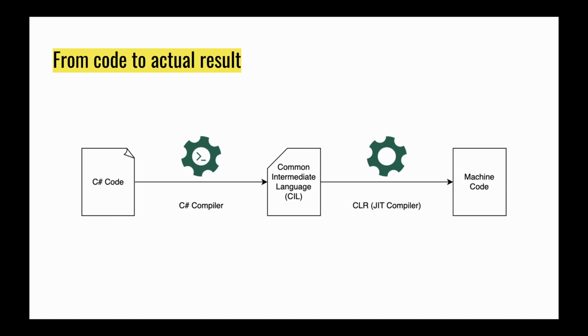You may ask why we need this double translation. Well, it gives us a lot of flexibility. We need CIL because it allows us to use not only C# to write applications, but other languages like F# or Visual Basic, and this code will work fine with the same CLR because it will be compiled into CIL code.